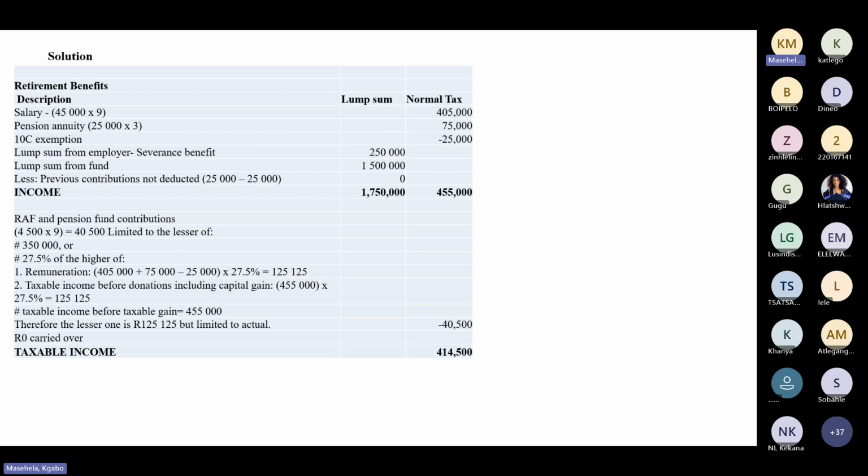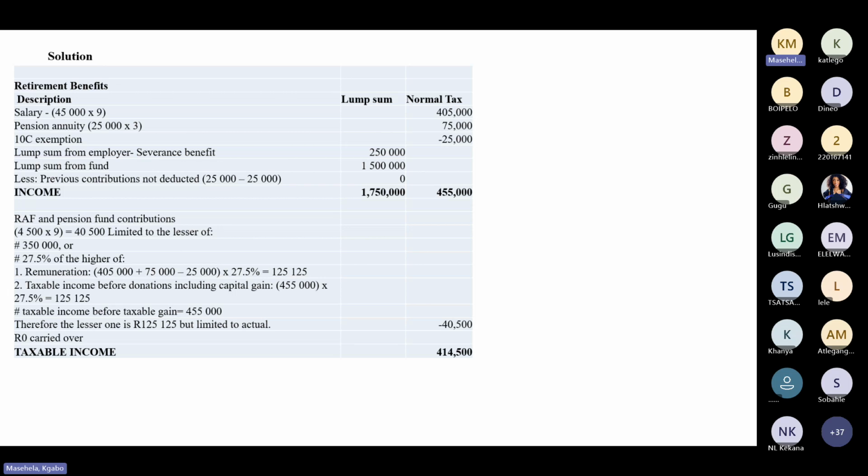Then again, we are doing the same calculation for the RAF contribution. It is 350,000 or 27.5% of the higher of the following. Guys, if you ask me these rules, even in the middle of the night, I will tell you how the rules work. These are not difficult rules.